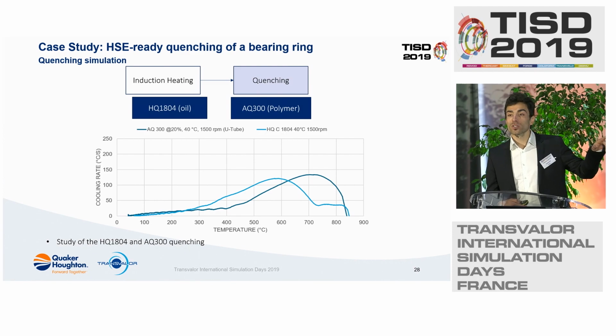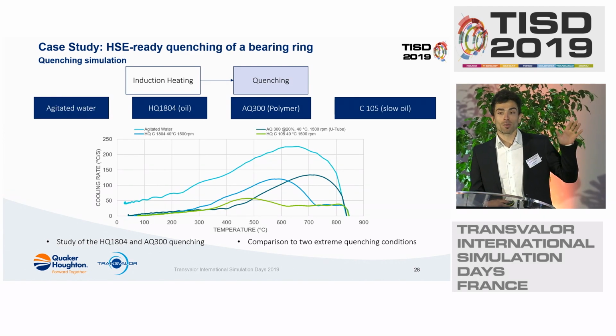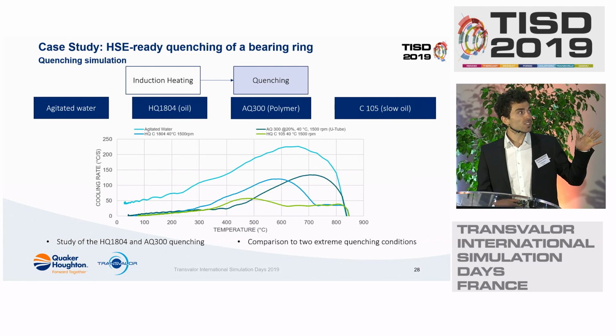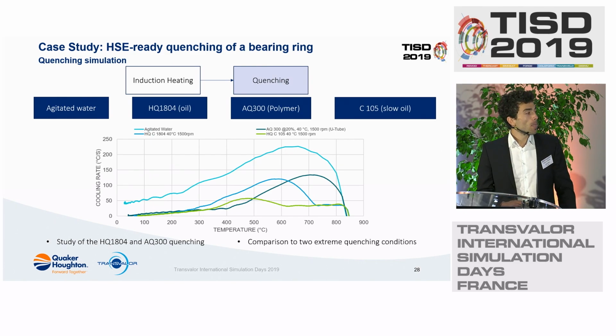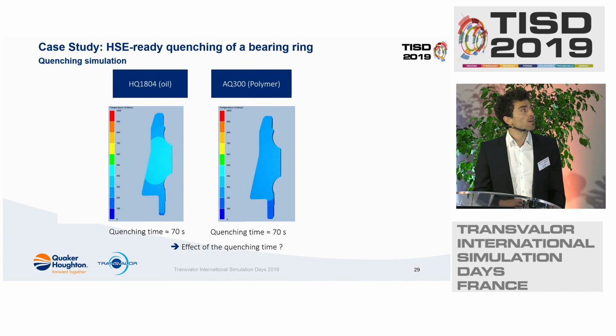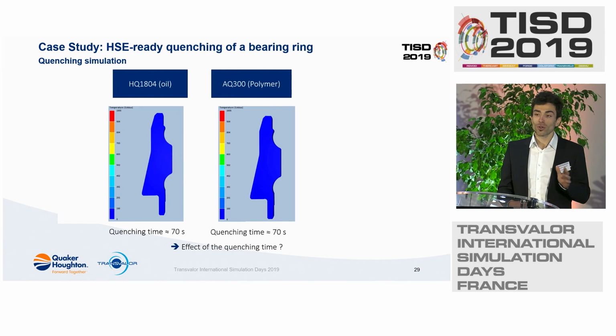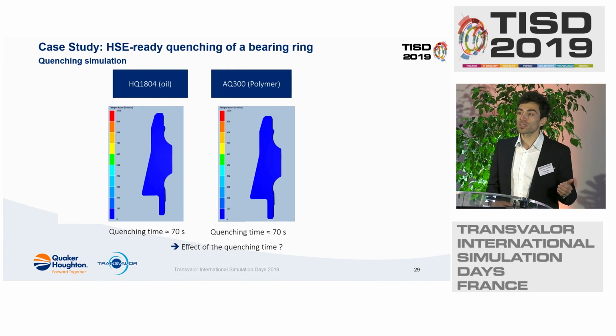And we will also compare these 2 solutions, which are supposed to be quite similar, to 2 extreme quenchants, which are agitated water and slow oil. So here, the quenching times of the initial oil solution and the polymer candidate, what we can see is that we have really similar quenching time, which is in agreement with the severity curve.